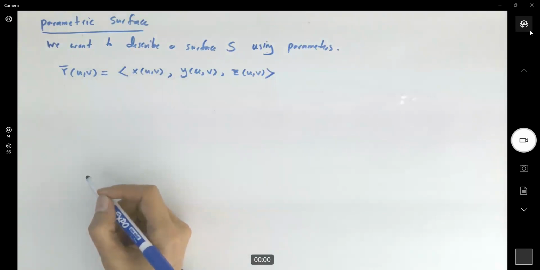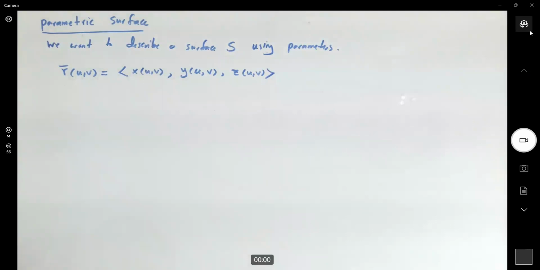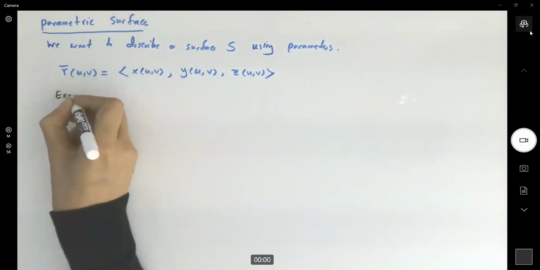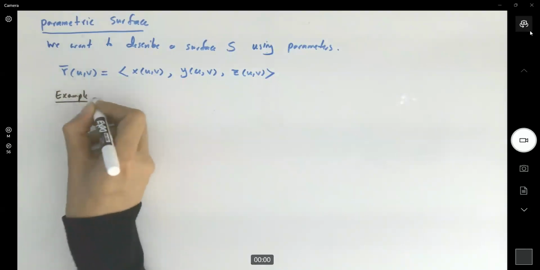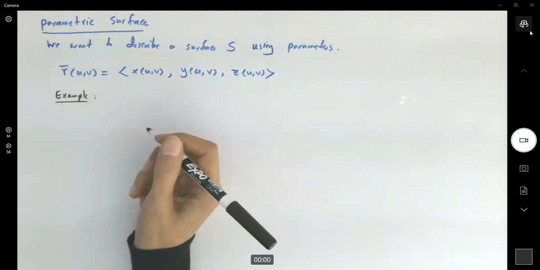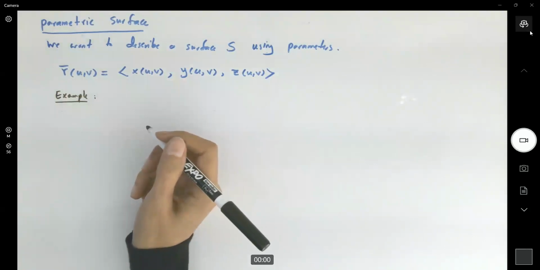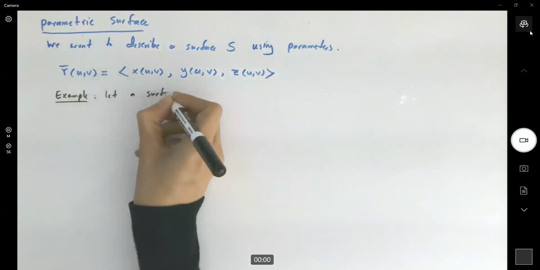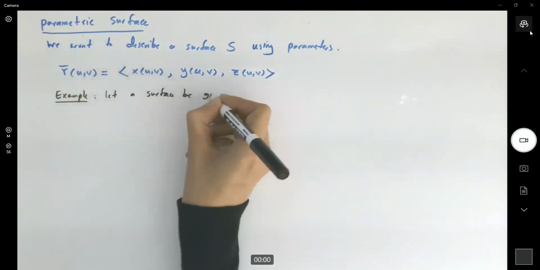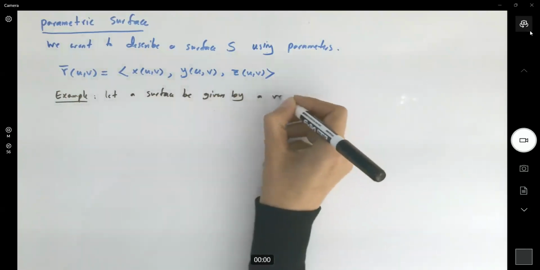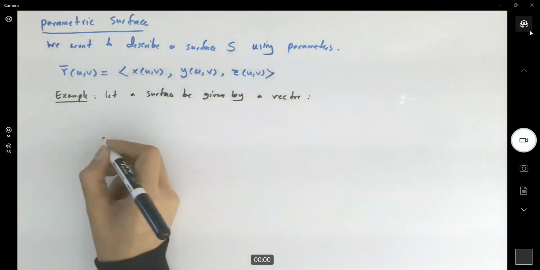Let's go over one example. What I'm talking about here, parametric surface. What is this? For example, suppose I give you the following vector equation for the surface. Let a surface be given by a vector as follows.